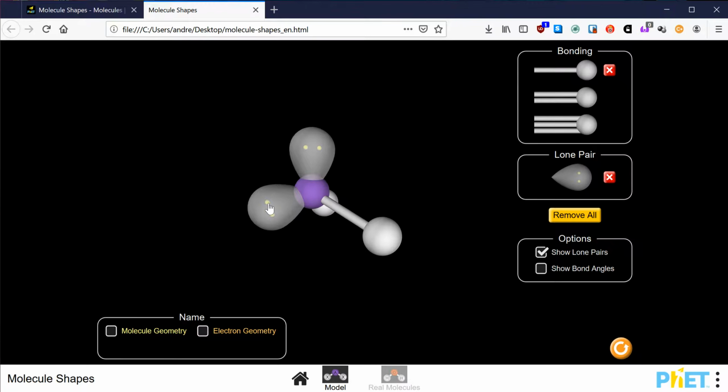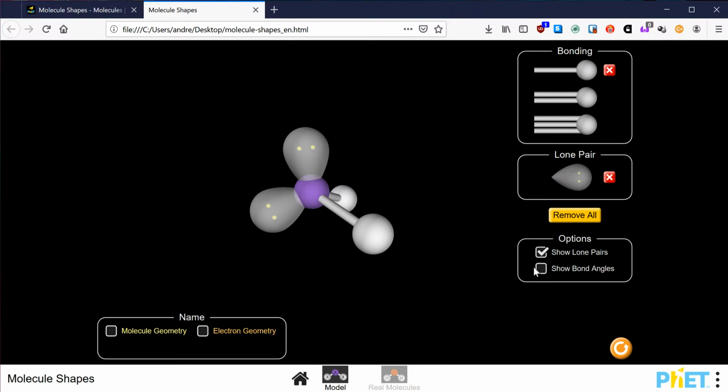So again, we can see the 3D geometry here. These bonds here would be planar in this case. This bond would be flat against the computer screen pointed up. This one would be flat pointing to the bottom left. We see that this hydrogen here would be pointed backward and this hydrogen here would be pointed forward.